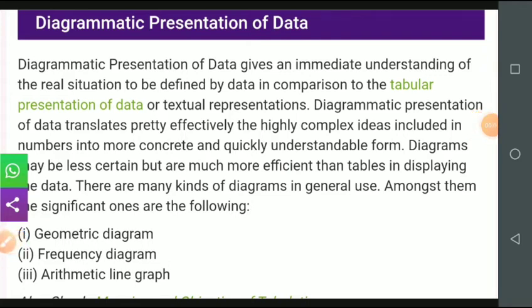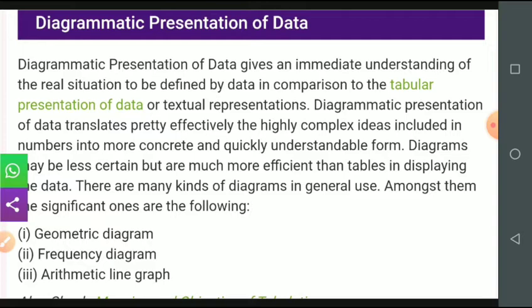Diagrammatic presentation of data gives an immediate understanding of the real situation defined by the data, in comparison to the tabular presentation of data or textual representation.